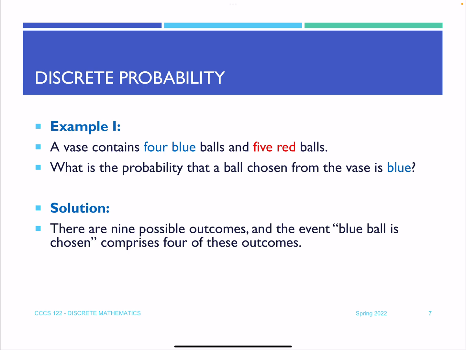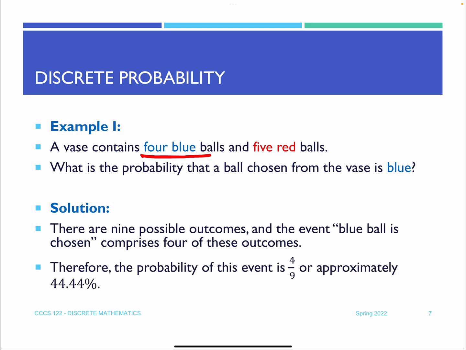And the event blue ball is chosen comprises 4 of those outcomes. For that reason, the probability of this event is 4 over 9, or you can write it in decimal form, and so on, or in percentage form, 44.44%.